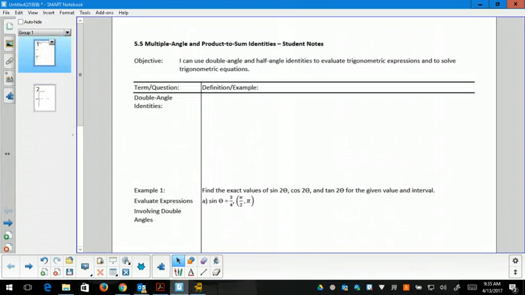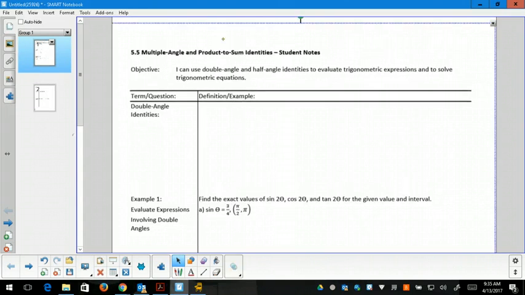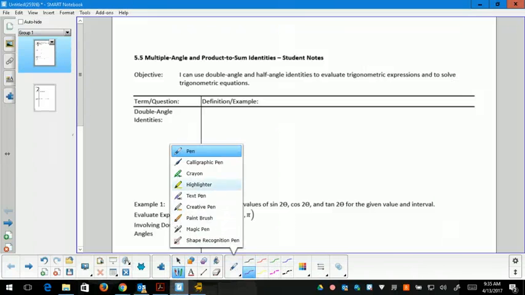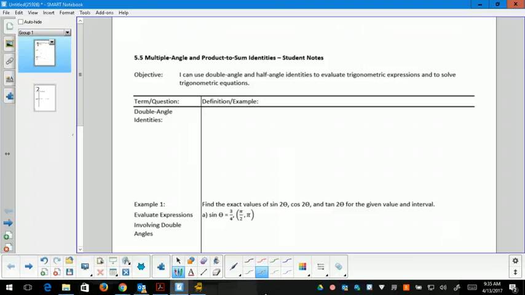So on Monday, we covered double angle identities for sine, cosine, and tangent, where you have sine 2 theta, or cosine 2 theta, or tangent 2 theta.